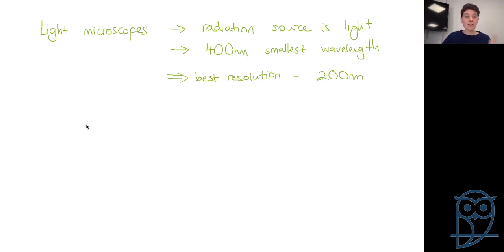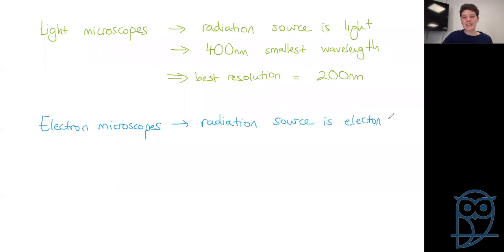If we think then about electron microscopes, our radiation source is, no prizes, electrons. If you can spell electrons, it helps. So electrons, of course, have a very different wavelength to light.